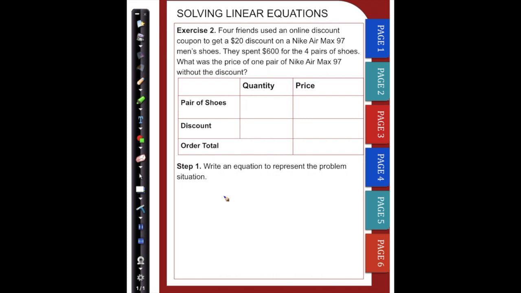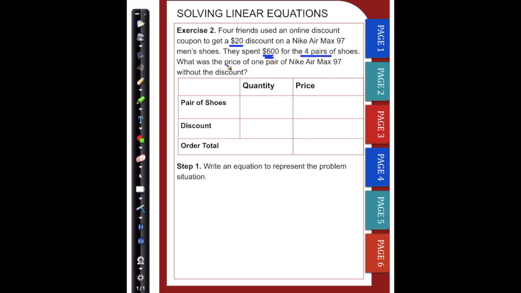So the problem says the four friends used a discount of $20 to buy 4 pairs of shoes, which they paid with a total amount of $600. We are asked to find what was the price of 1 pair of shoes without the discount. So what's the original price of 1 pair of shoes without a discount?